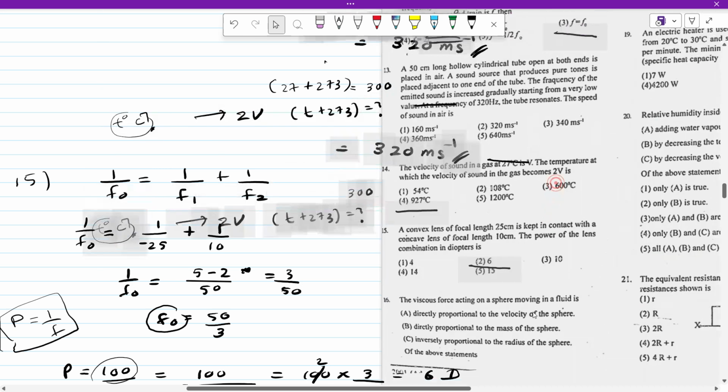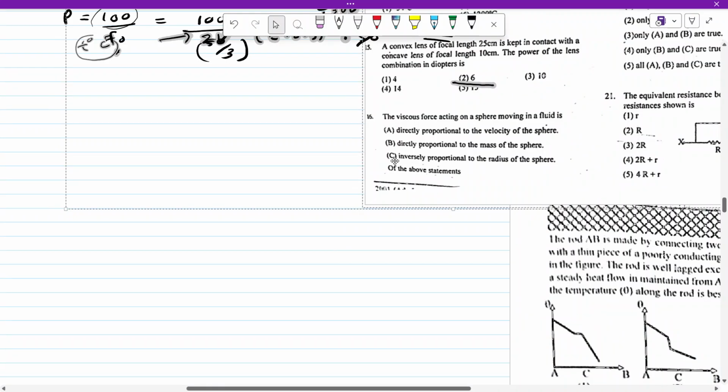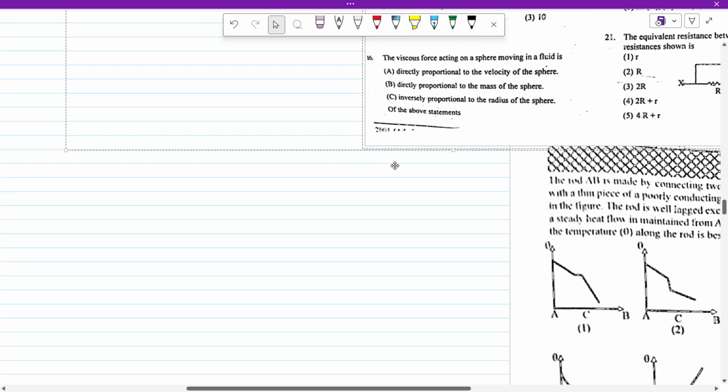Question number 16. The viscous force acting on a sphere moving in a fluid is. So now this comes under the lesson properties of matter.